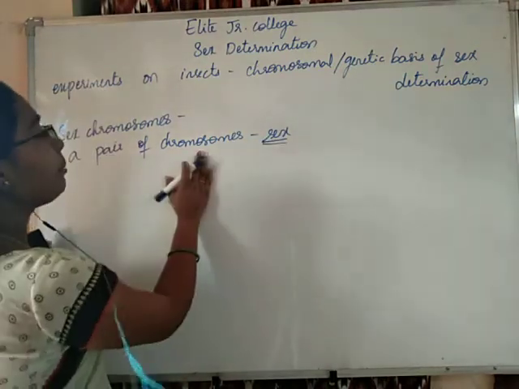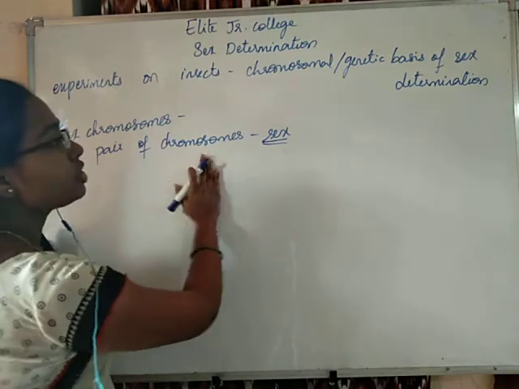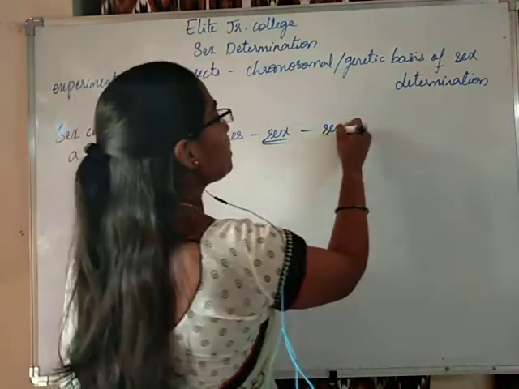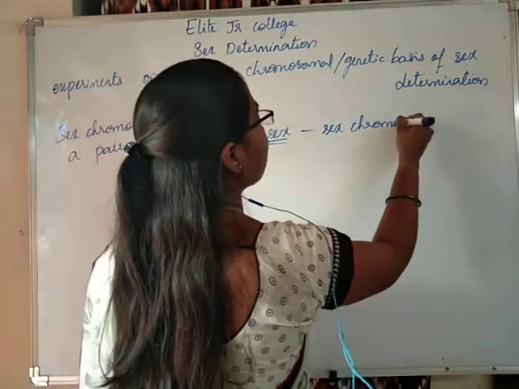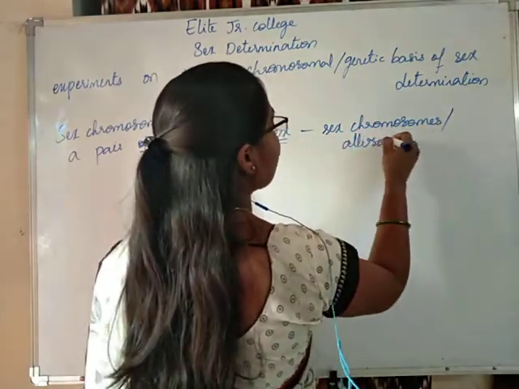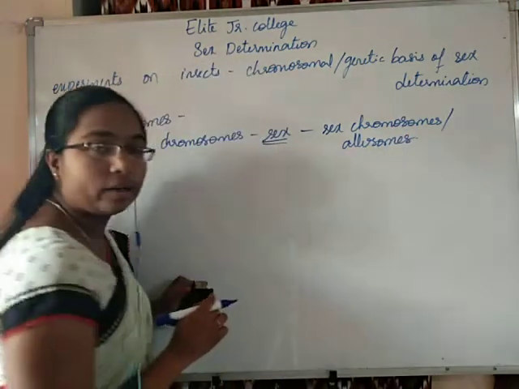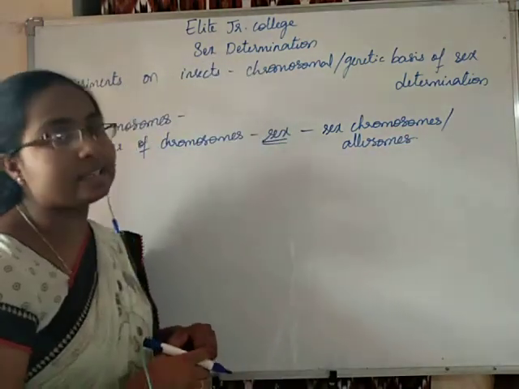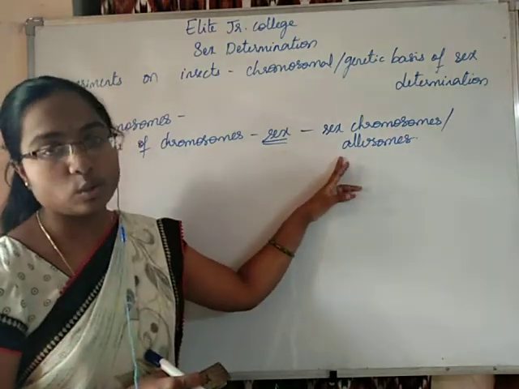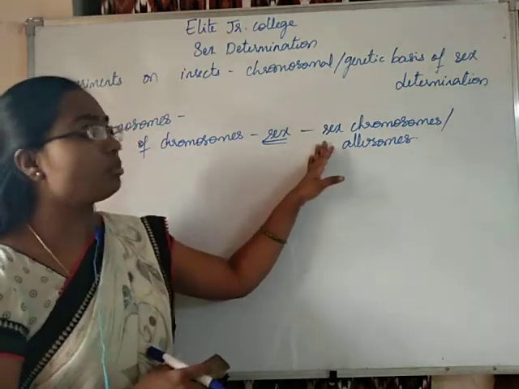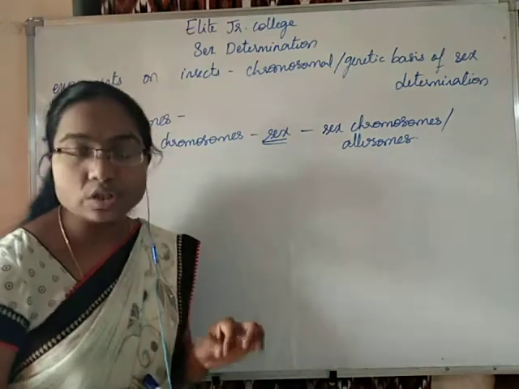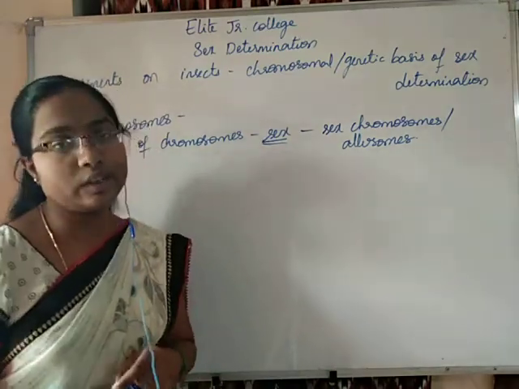That pair of chromosomes which determine the sex of the individuals are called sex chromosomes or allosomes. So, the sex chromosomes or allosomes are the pair of chromosomes which determine the sex of the individuals.